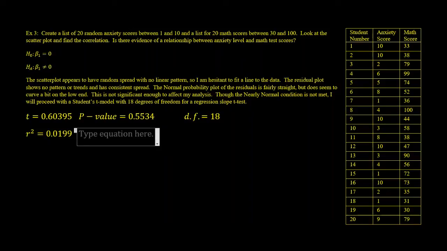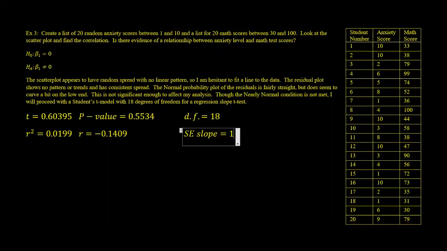Correlation is negative 0.1409, so it has a little bit of a negative slope. Standard error of the slope equals 1.569. And finally, our model itself is score hat equals 63.5546 minus 0.9477 times the anxiety.